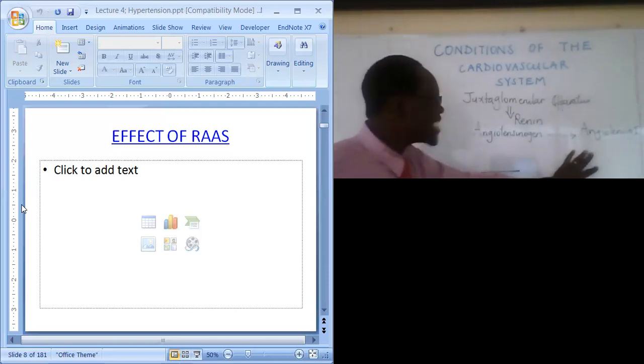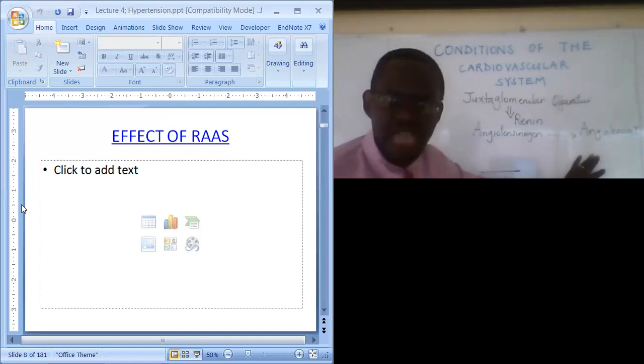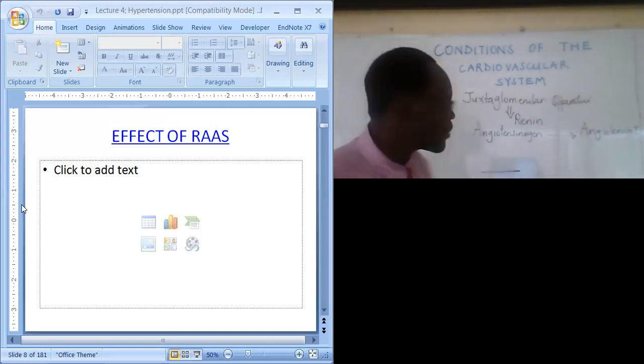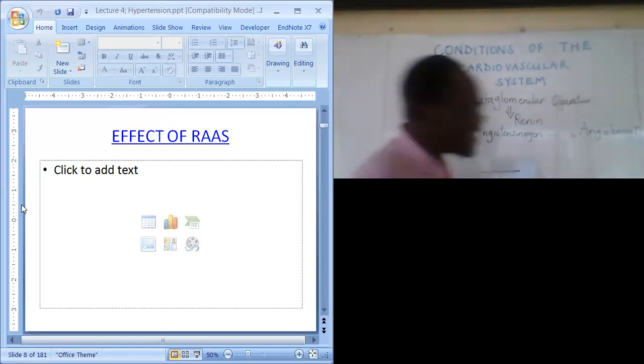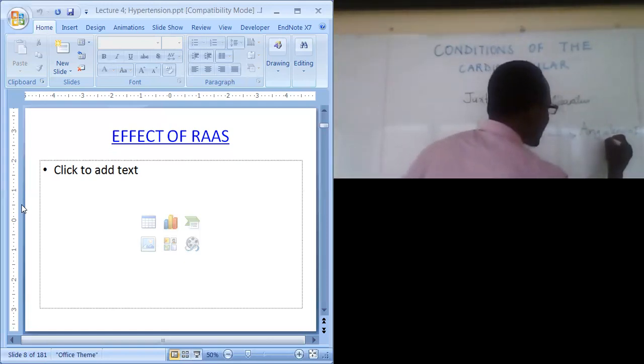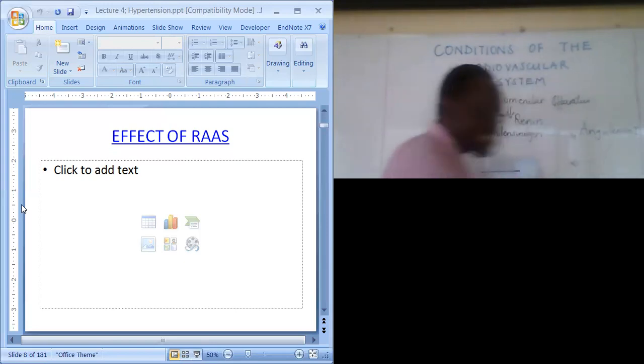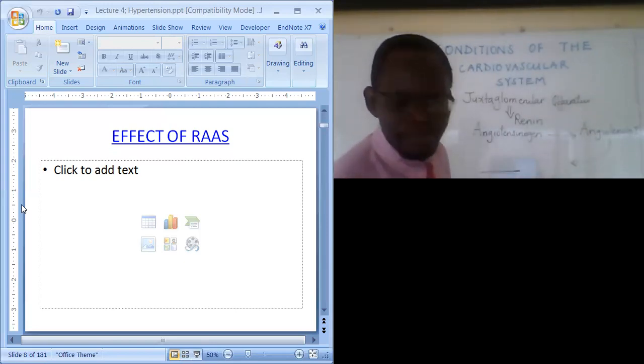As it circulates in blood, within the lungs we have an enzyme called angiotensin converting enzyme, also referred to as ACE.